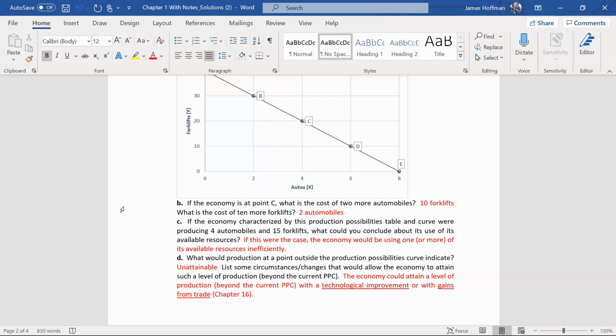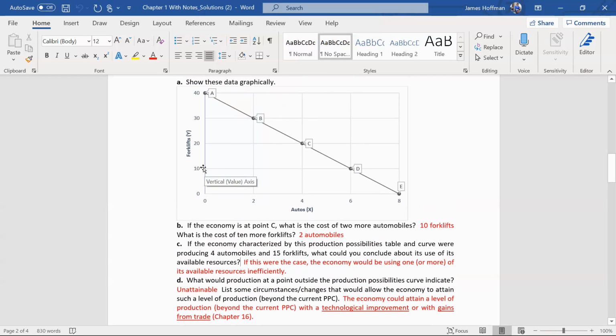Okay, question C. If the economy characterized by this production table and curve were producing 4 autos and 15 forklifts, what could you conclude about the use of its available resources? So if we look at where the point is that's 4 autos and 15 forklifts, that's somewhere right there. And you can clearly see that it would be inside the curve.